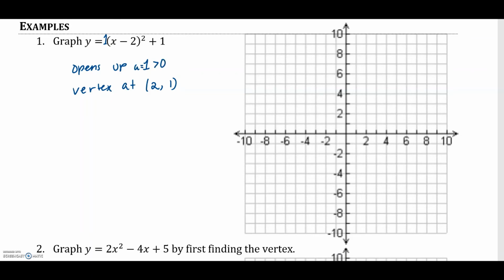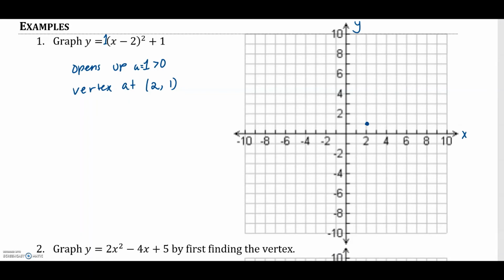And since a is equal to 1, there's no vertical stretch or compression. It just follows the regular step pattern to graph our parabola. So let's start at the vertex. We'll plot the point (2, 1). So identifying our x and y axis, we can plot the rest of this graph. We know that it opens up.